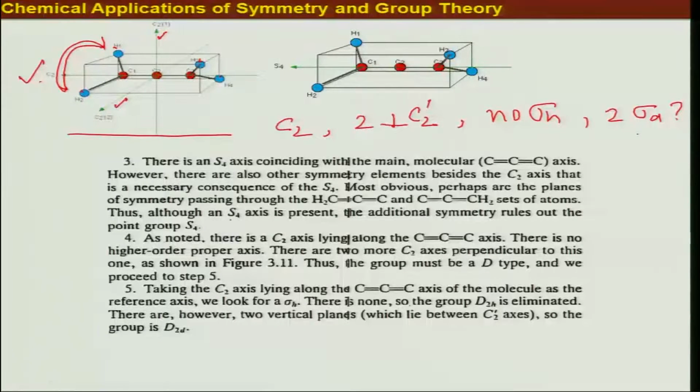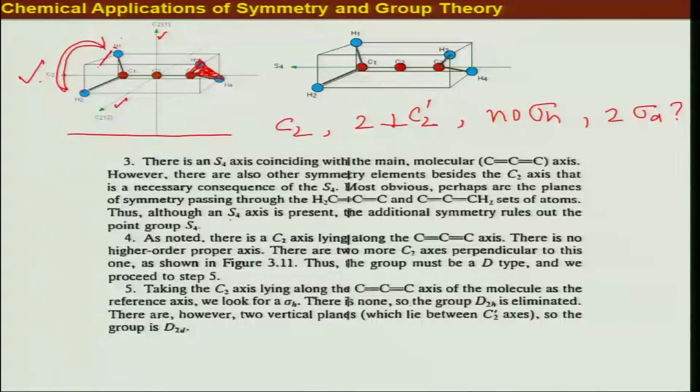The answer is yes. Why? If you take this plane, this will cut the H1 C1 H2 bond into half, and also this C1 and C2. So this will be a symmetry plane.